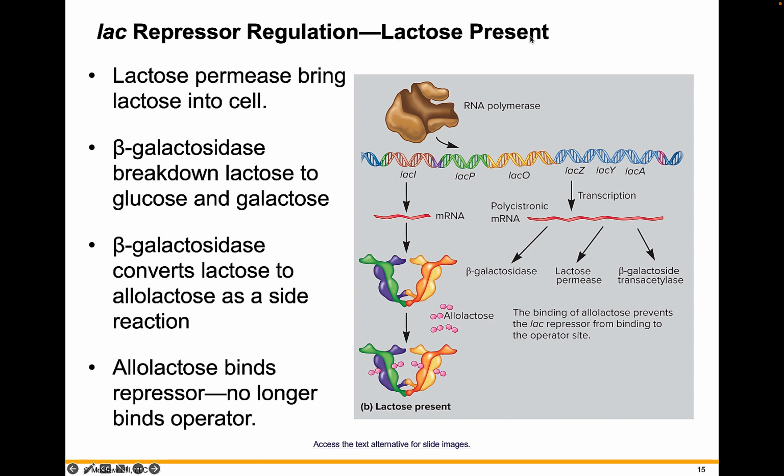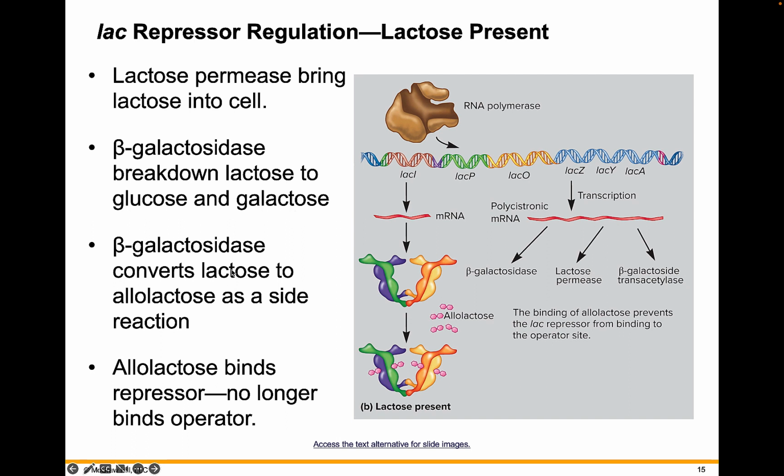If lactose is present, even 1 or 2 lactose permeases will bring lactose into the cell. Even that small number, like 3-4 molecules of beta-galactosidase, will find it and break down lactose to glucose and galactose.